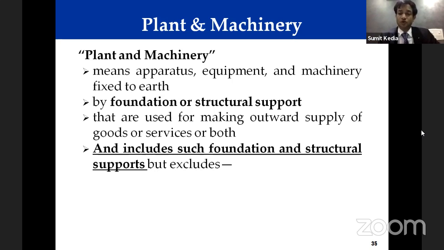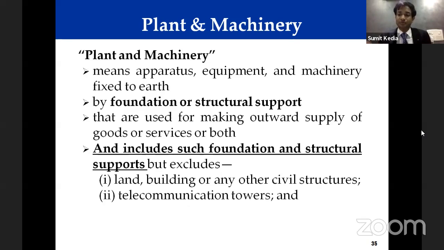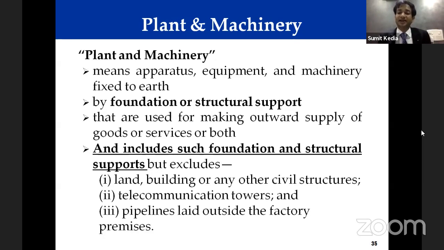But it excludes land, building or any other civil structures, telecommunication towers, and pipelines laid outside the factory premises. So for telecommunication towers, we have these mobile towers and all, credit will not be allowed.